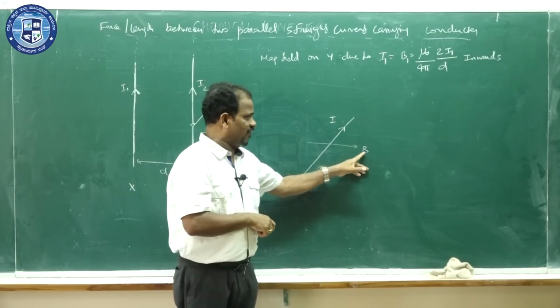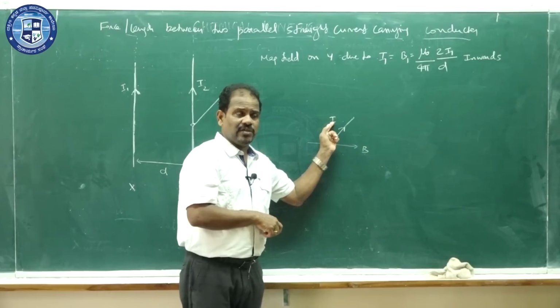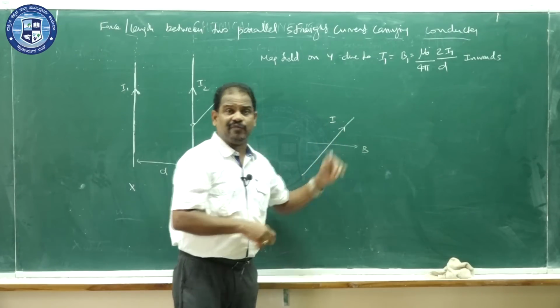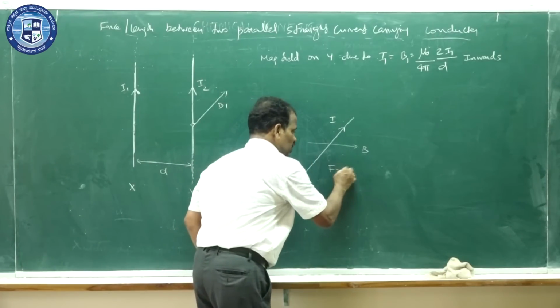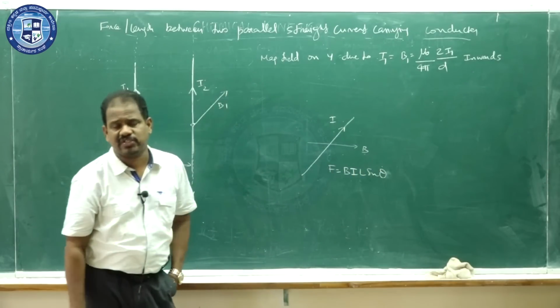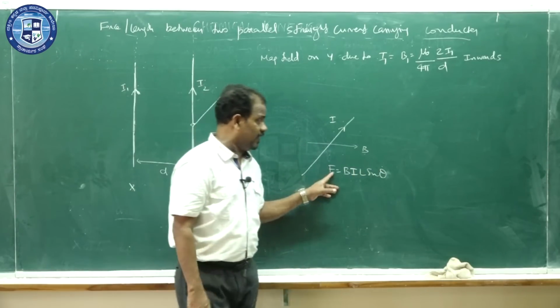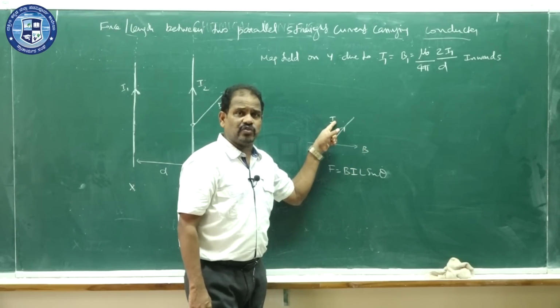So this is a magnetic field, and in the magnetic field a current carrying conductor is placed. When a current carrying conductor is kept in the magnetic field, it experiences what? Force. And what is the formula for force? F is equal to B I L sin theta. Already studied in the previous classes. What is B? Magnetic field. I is the current going in the conductor.